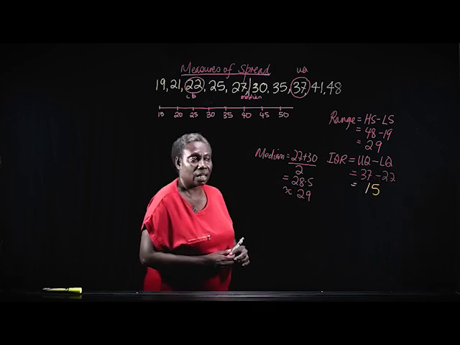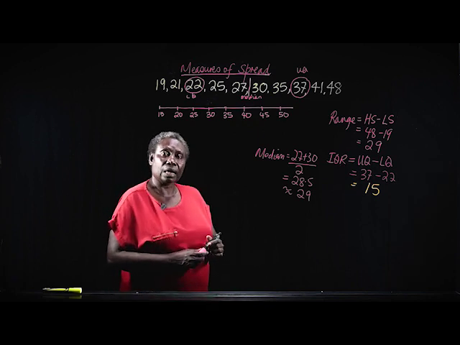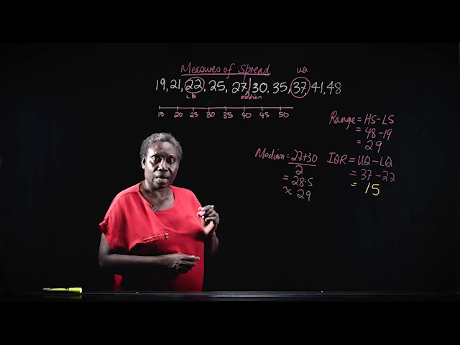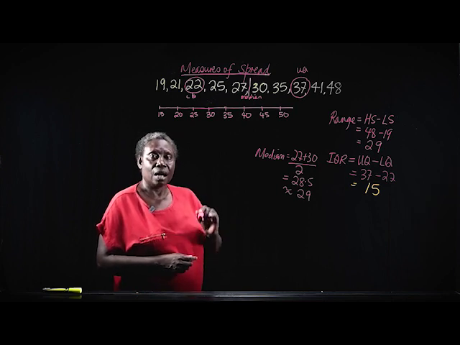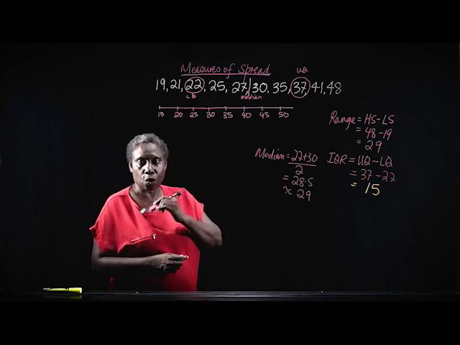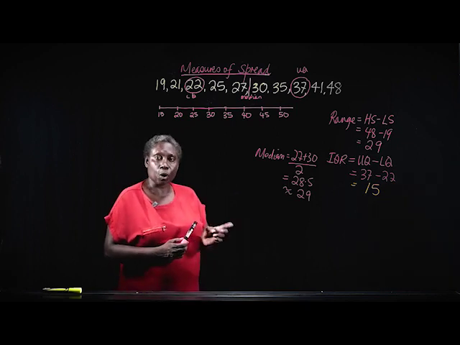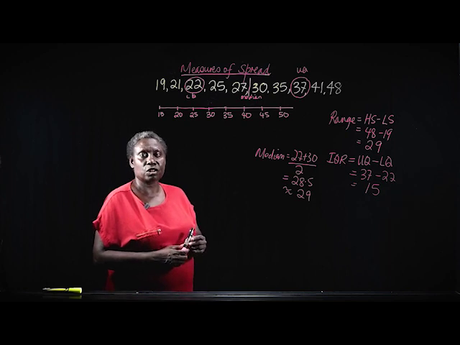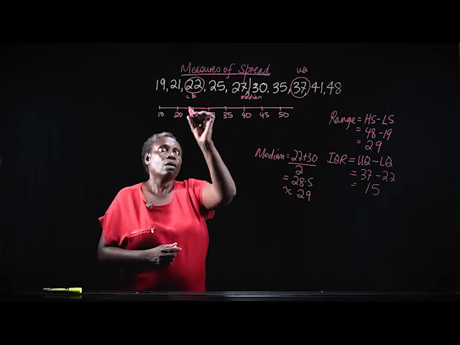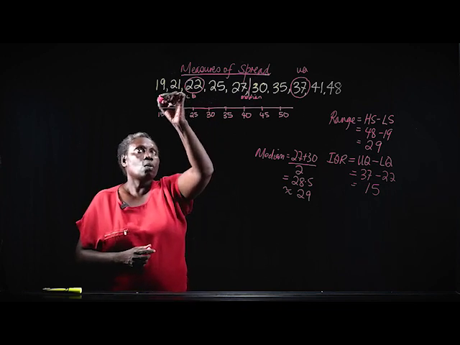So the interquartile range is 15. The interquartile range tells us how the data is spread out from the center towards the upper scores and the lower scores. We are going to plot that to find out whether the students have done well in this test.